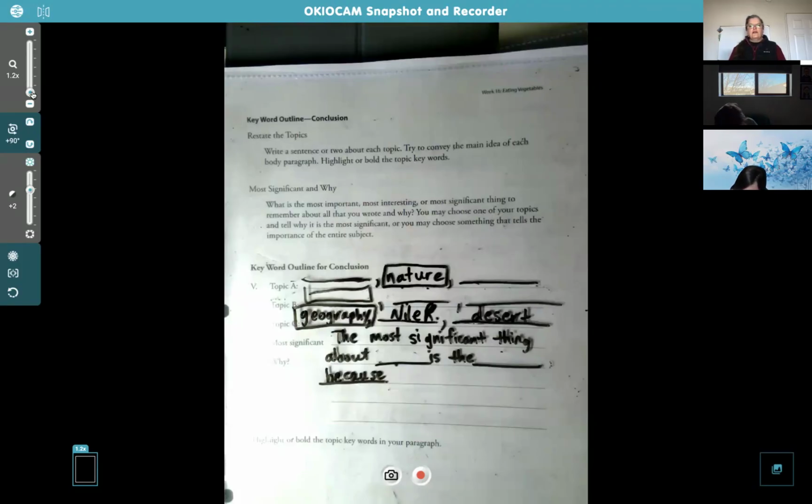Obviously you guys are going to need more sentences than just four because you still have to use your checklist. So you'll add more to this last paragraph. You're probably going to add more about each one of the topics, or as you think of how you want to wrap up this report, you're going to need to add some sentences there.